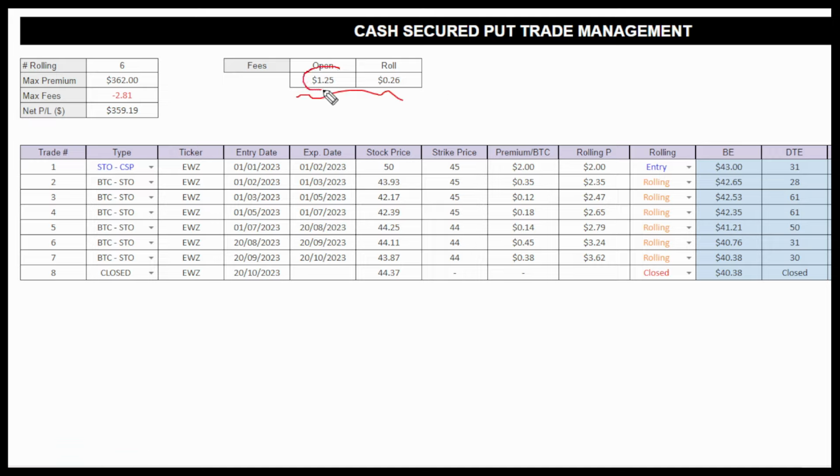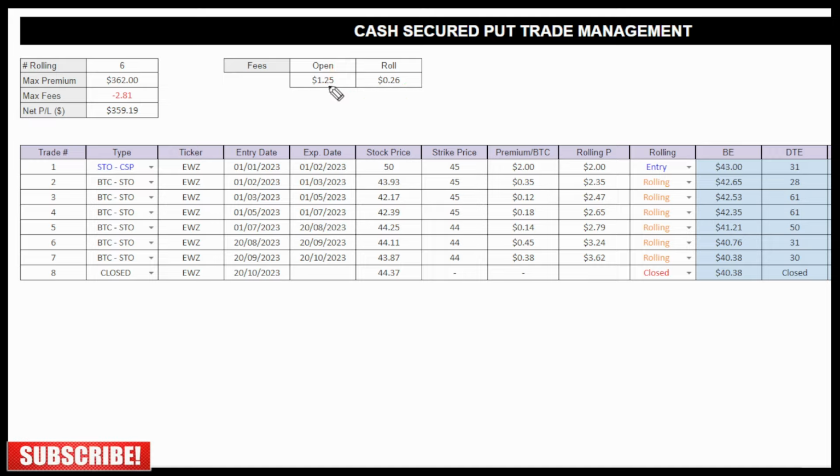Let's say we pay $125 to open this trade. It's one leg, by the way, because we're selling one short put option. That's it. We pay $125, and every time we roll the trade, we pay 26 cents. But you can change it according to how much your broker charges you.